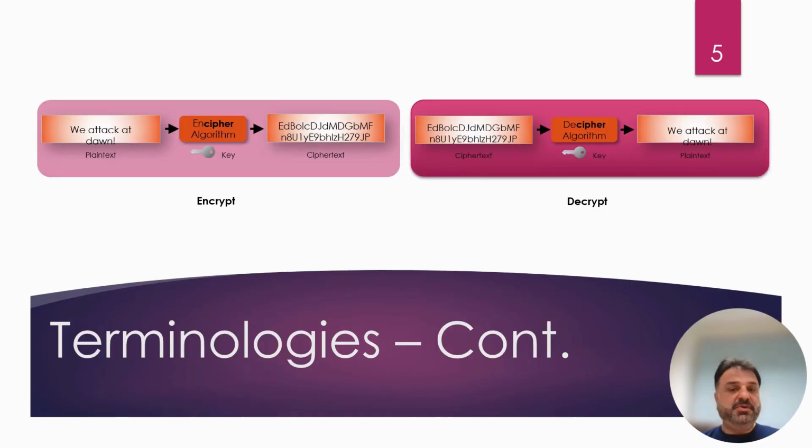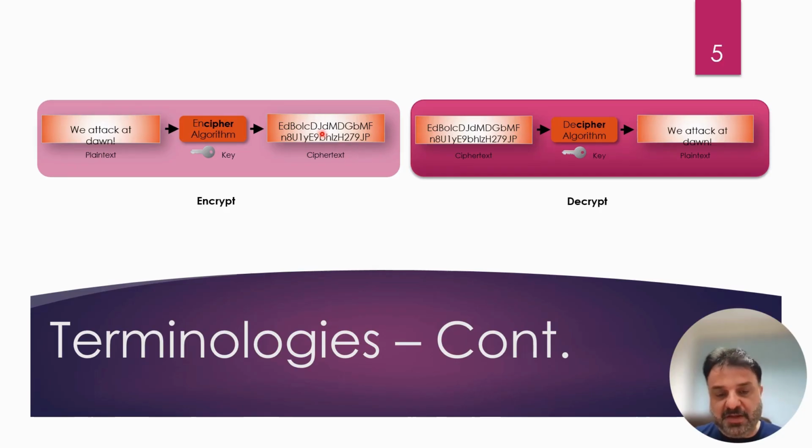So these terminologies are connected in this diagram you can see here. For example, here we have the plain text, we attack at dawn, and then when you use the secret key here, this is the encryption process. So we use the key and the encipher algorithm to encrypt the plain text to the ciphertext.